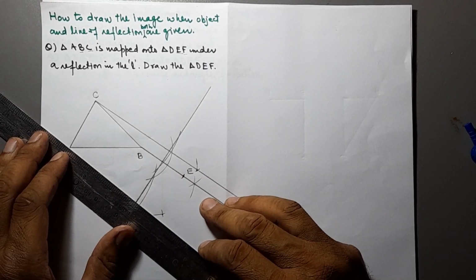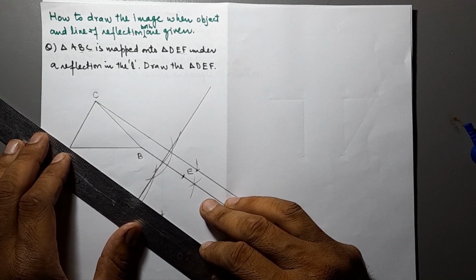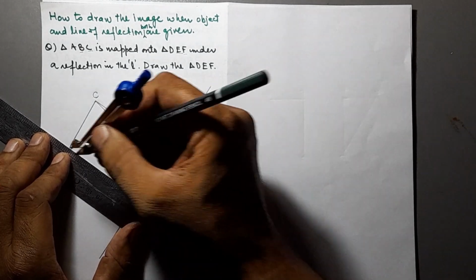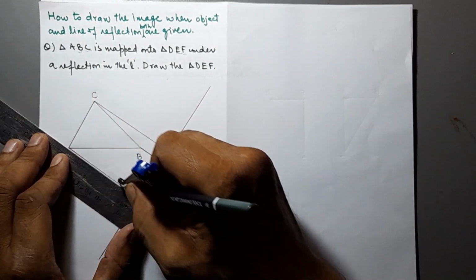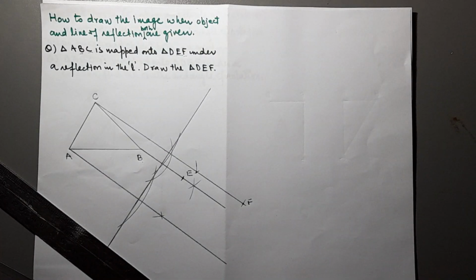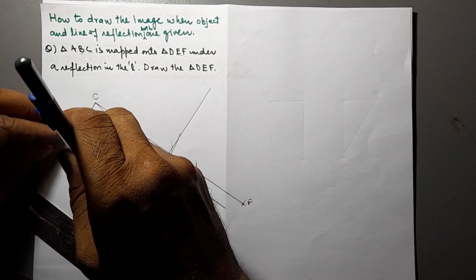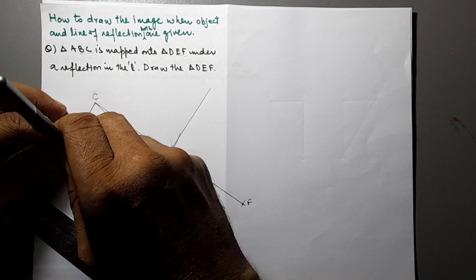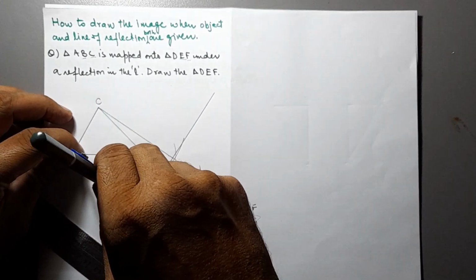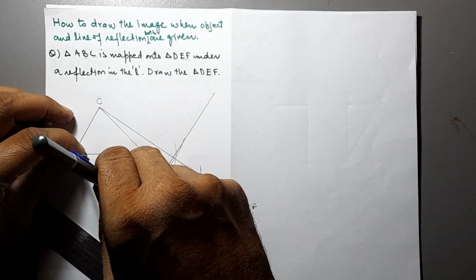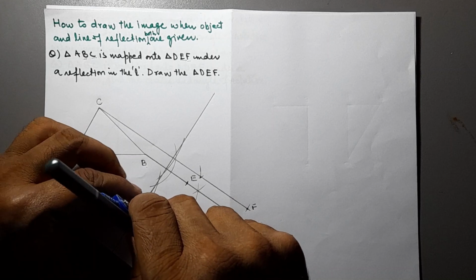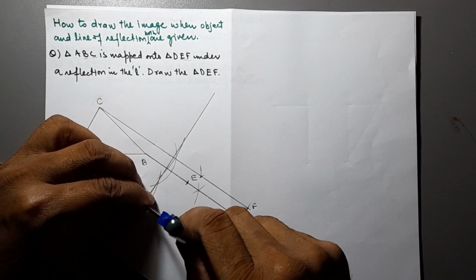So this one is the perpendicular from A to the line of reflection. We will measure the distance of A from the line of reflection, this one, and mark a point at the same distance from the line of reflection.